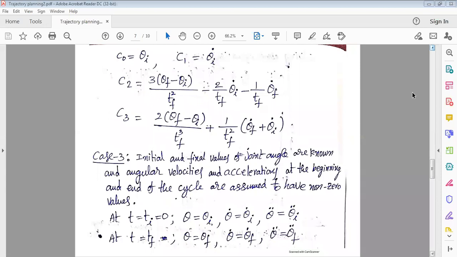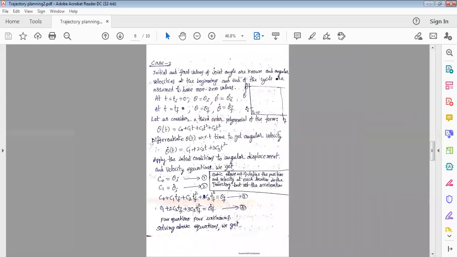So what is that note? This note tells us about the cubic polynomial function. This cubic polynomial function allows us to define position and velocity only, but not acceleration.